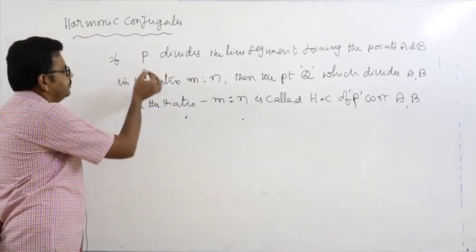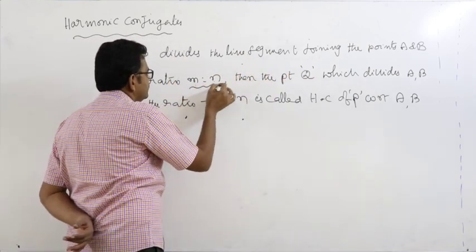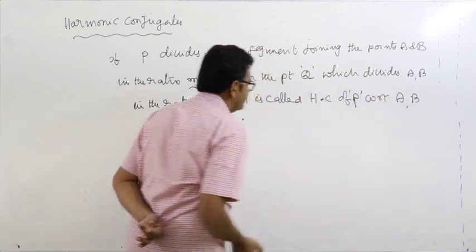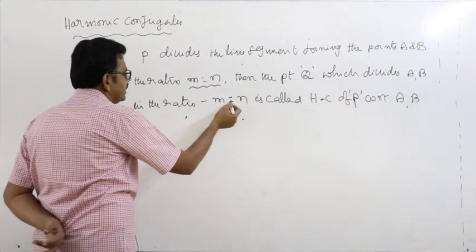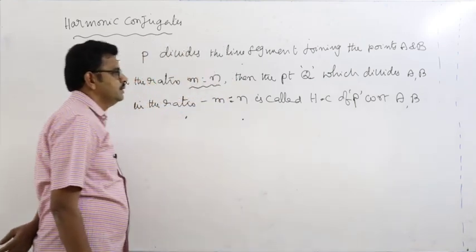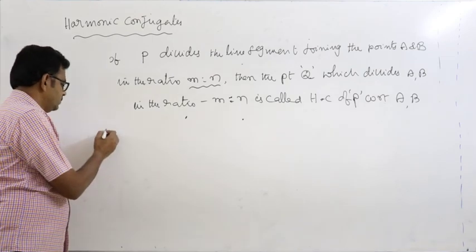That is, if P divides AB in the ratio m is to n, then the other point Q which divides AB in the ratio minus m is to n is called the harmonic conjugate of P with respect to A and B.